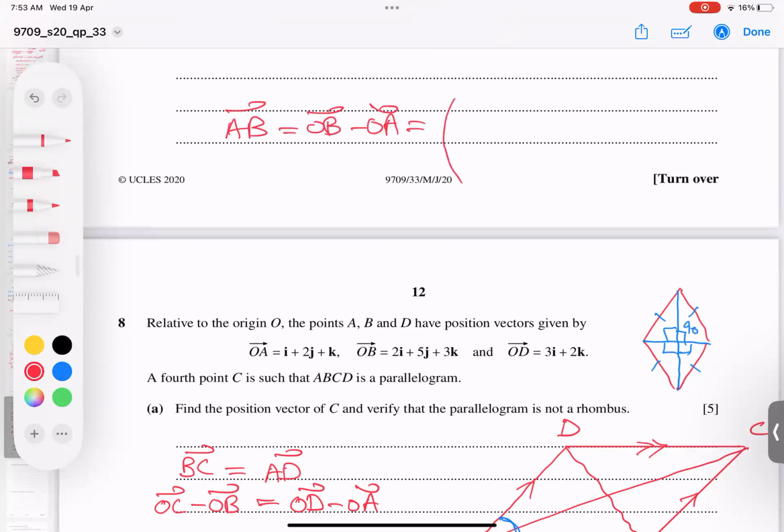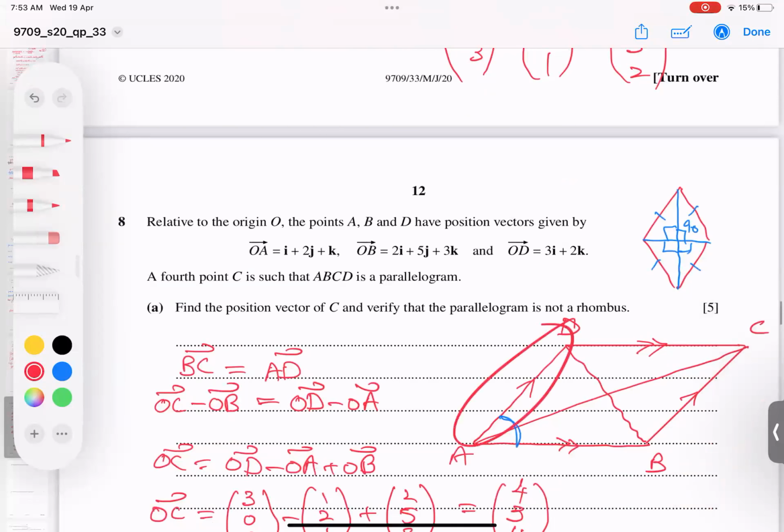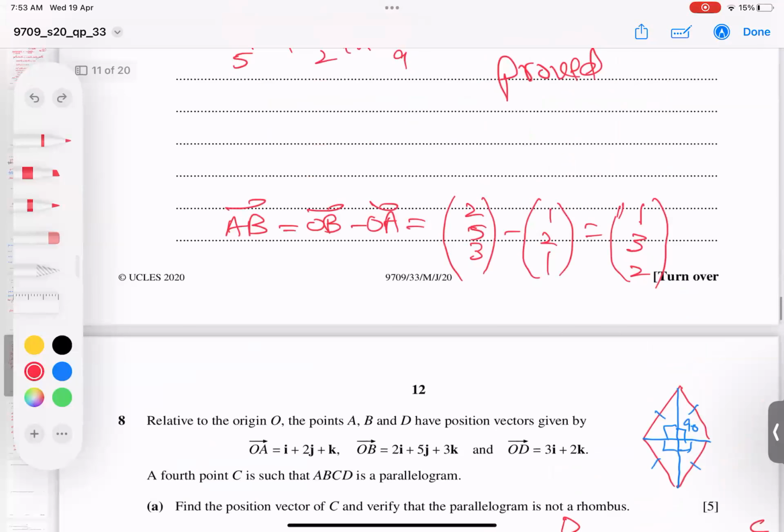So OB is 2, 5, 3, and OA is 1, 2, 1. I choose the values from here. And 2 minus 1 is 1, 5 minus 2 is 3, and 3 minus 1 is 2. So this is the AB vector. And similarly, I'll go for the AD vector. And what is the AD vector? The AD vector is not a hard job for us. OD minus OA.